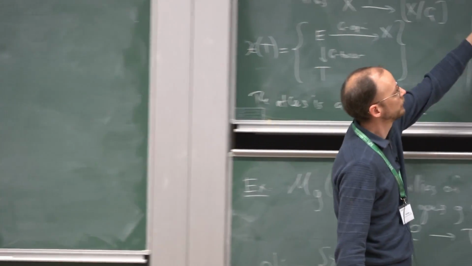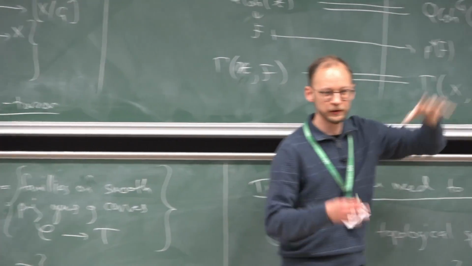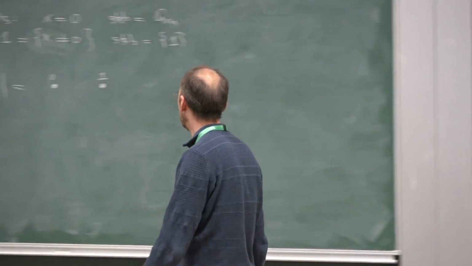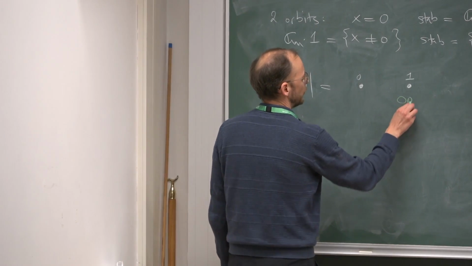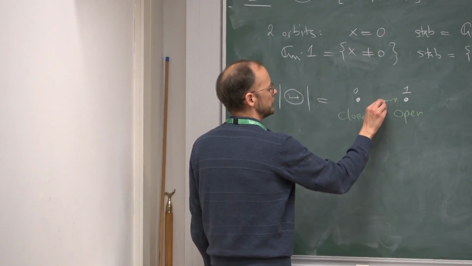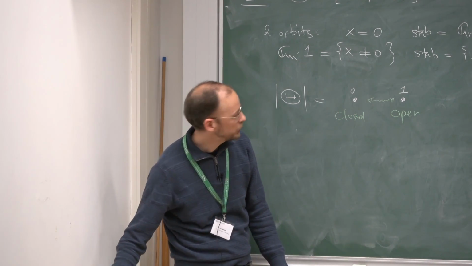So if I pick a set of orbits, that set is open if and only if its preimage is open. So this is open and this is closed, and so this specializes to this point. And here I have the Gm.